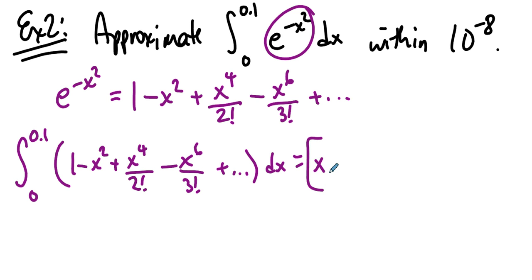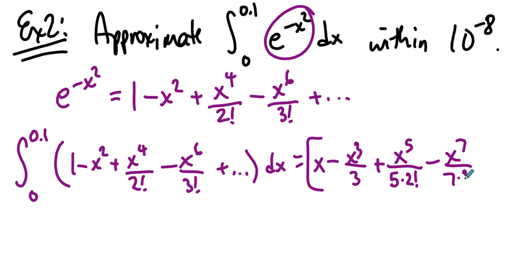We take an antiderivative, a little bit trickier here, but that's the idea. Evaluate between 0 and 0.1. Well, substituting 0, that's easy. So our integral value is just what you get when you throw a 0.1 in there.